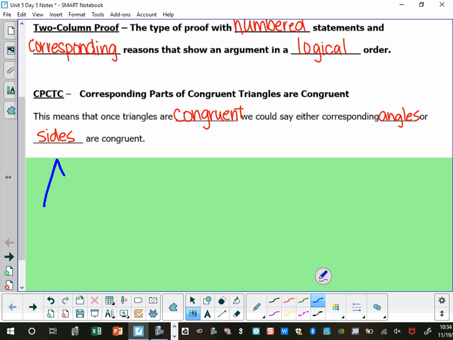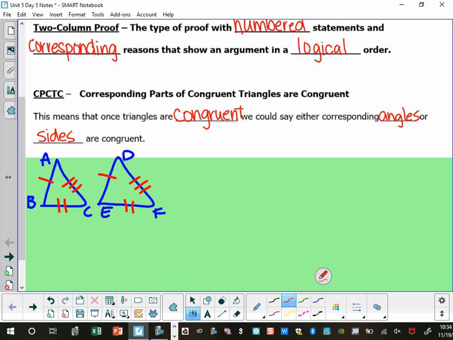Remember when you guys just took your quiz, and let's say we had two triangles, ABC and DEF. What would my triangle congruency be here, based on those five on the board? We just did side-side-side, angle-angle-side, side-angle-side, hypotenuse-leg, and angle-side-angle.